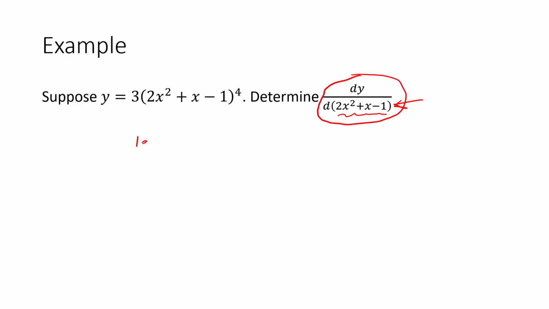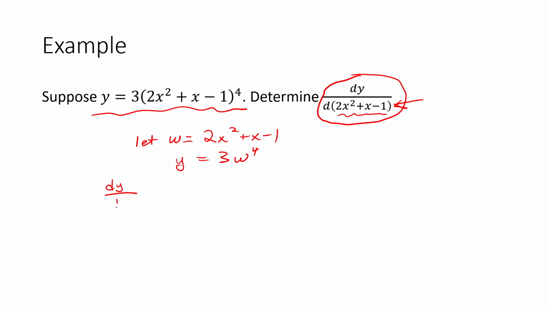So I'll use the variable w. I'll say let w equal 2x squared plus x minus 1. Well, if I do that, then clearly y is 3w to the 4. Okay, so now I'm going to determine the derivative of y with respect to w.